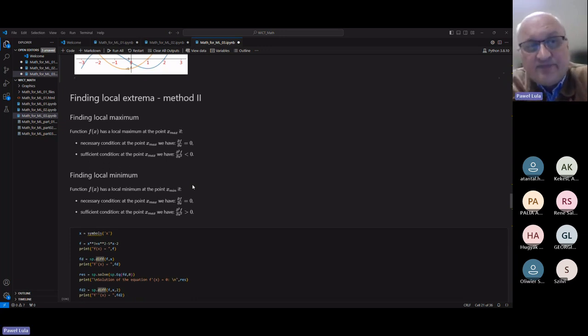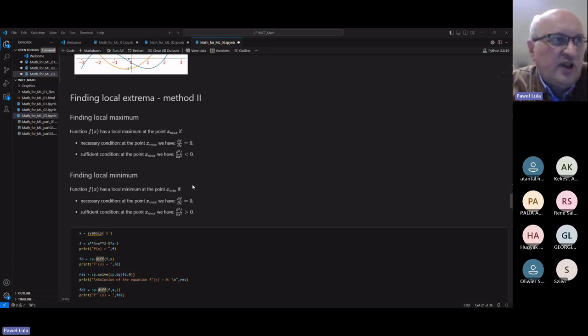But the second way which we can use to solve the same problem, how to identify extrema, how to find minima and maxima, of course, local minima and local maxima. Our function f has a local maximum at a point x max if the first condition is the same.